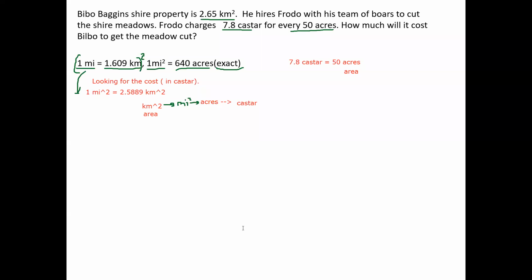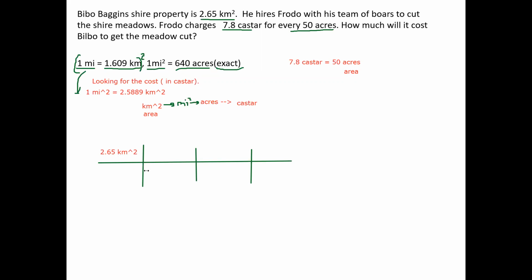So now we can set up our train track. Remember, we don't want to undercharge or overcharge Mr. Baggins. So we're starting with our kilometers squared, 2.65 kilometers squared. We want to convert this to miles squared. So in the empty train track to the left of us, we see the kilometers squared is in the top left.